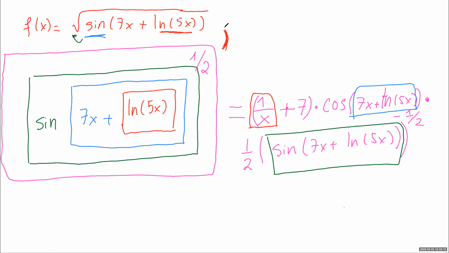So the derivative of this box here equals 1 over x plus 7 multiplied by cosine of 7x plus natural log of 5x, multiplied by 1/2 of sine of 7x plus natural log 5x raised to negative 1/2. You can see that each of these components is the derivative of each of the boxes, right, in terms of the inner box. That's how we use the boxes to find the derivative of each of the composite functions.